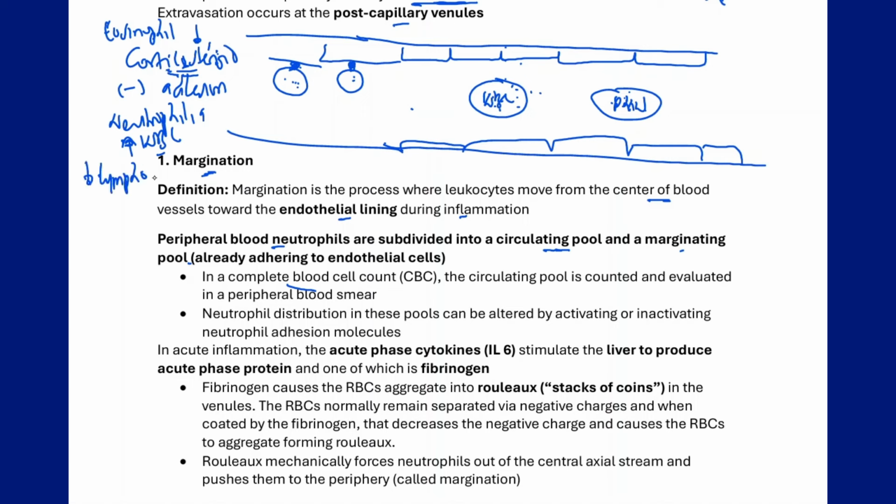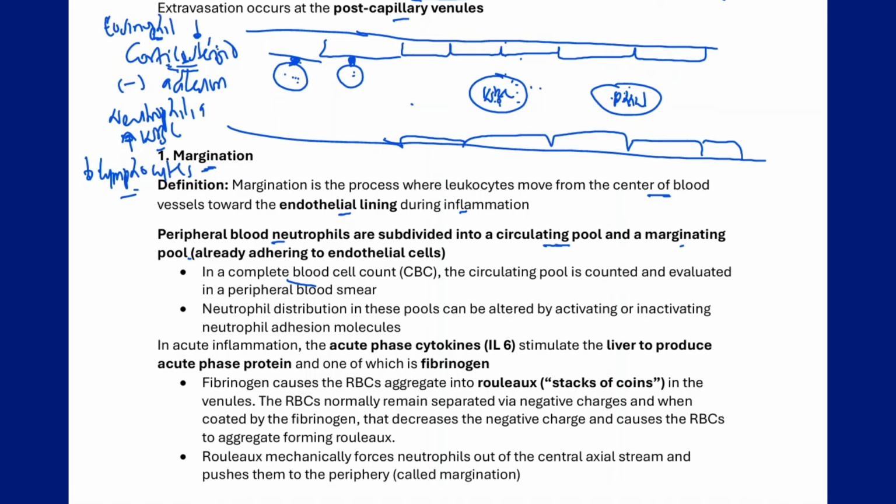Decreased because of apoptosis of the lymphocyte. So that means if somebody is taking corticosteroid, eosinophil is going to be decreased because of increased sequestration and apoptosis, and lymphocytes will be decreased because of increased apoptosis. But neutrophil is going to be increased because of demargination. Those neutrophils, instead of being at the margin, are demarginated, and now they become what? Circulating pool.